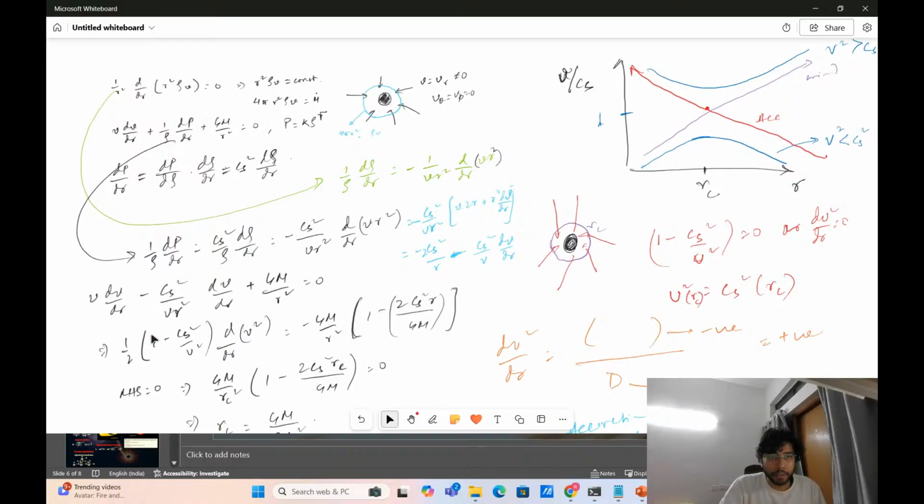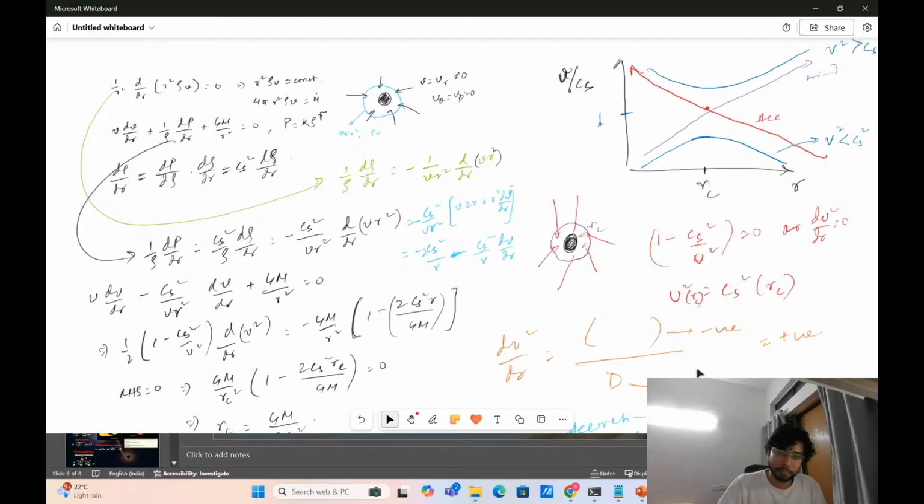If you transfer this term to the right hand side, this denominator will go to 0. So if this denominator goes to 0, this dv square dr will be infinity at the sonic radius, right? But on the other hand, this term is not zero. So basically, v square is equal to cs square, right?